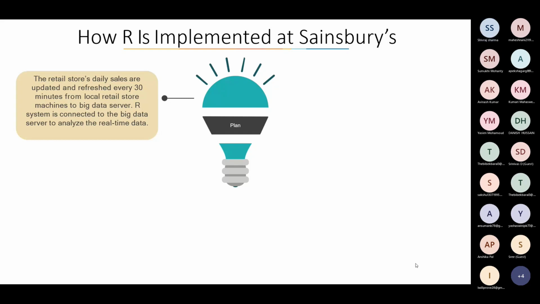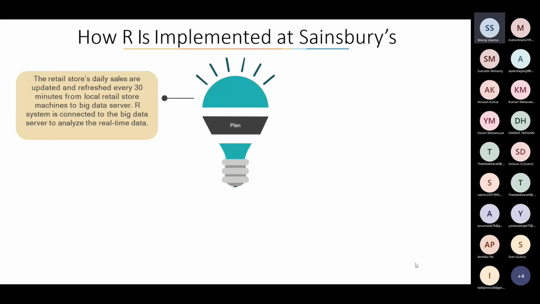So what happened at this point? The data is collected as daily sales. The stores' daily sales are collected in the form of data and refreshed every 30 minutes from local retail store machines to the big data server.